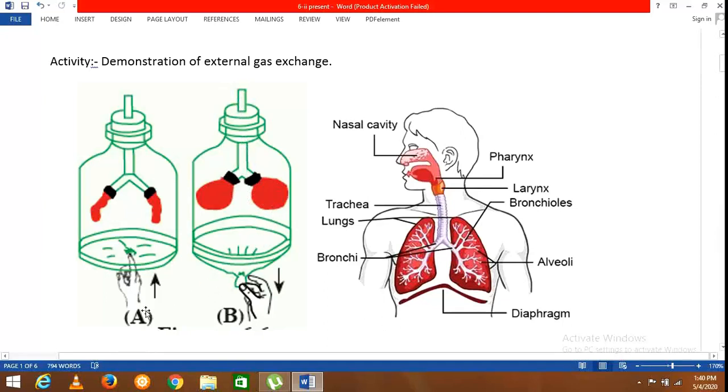Once we breathe out, or during exhalation, the volume of the thoracic cavity should be decreased. Therefore, we can push up this rubber membrane or the polythene sheet. As a result, air goes out through this Y-shaped tube and the balloons also remove air.